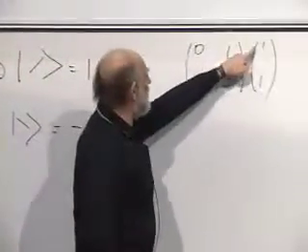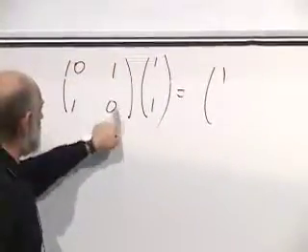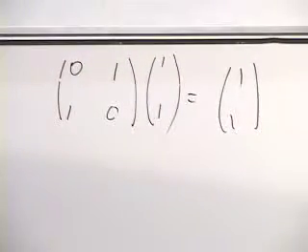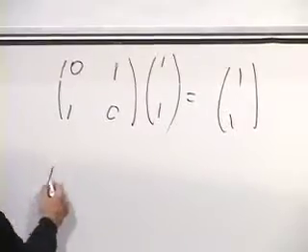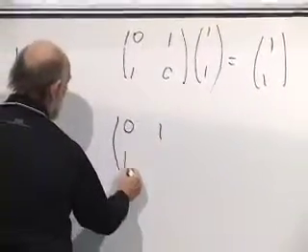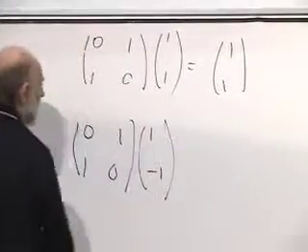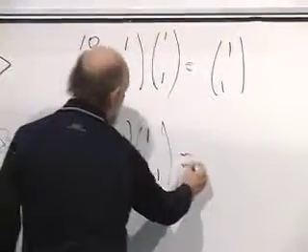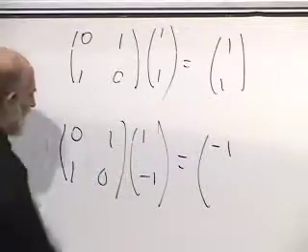All right, so what does this give? It gives 0 times 1 plus 1 times 1, which is 1. 1 times 1 plus 0 times 1 is 1. So that is, in fact, what the observable is supposed to do on slash. It gives slash. Let's now try it on backslash: 0, 1, 1, 0 on (1, minus 1). What does that give? 0 times 1 plus 1 times minus 1 gives minus 1. 1 times 1 is 1.